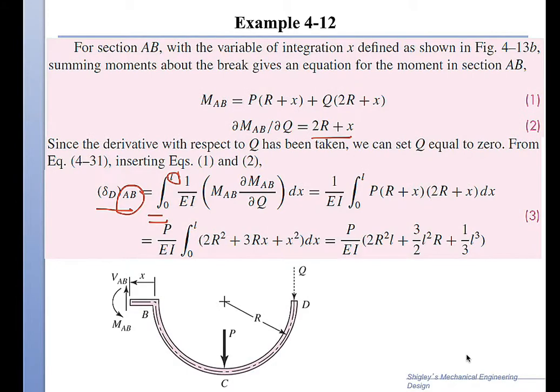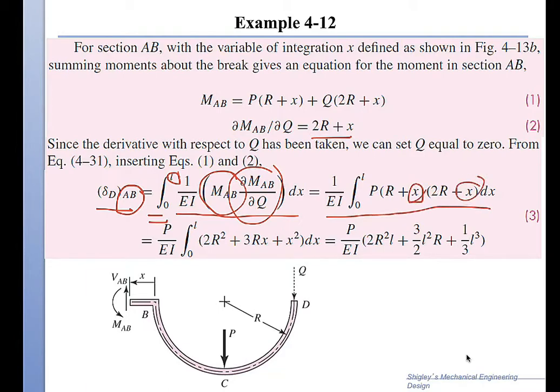So the first equation here is M dM/dQ. So M is M_AB times dM/dQ. We found that. And then integrate this over x and do the integration. You have an x here and x here.